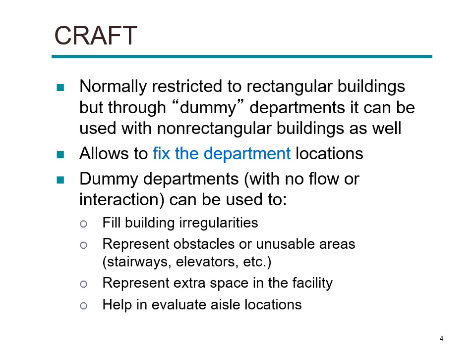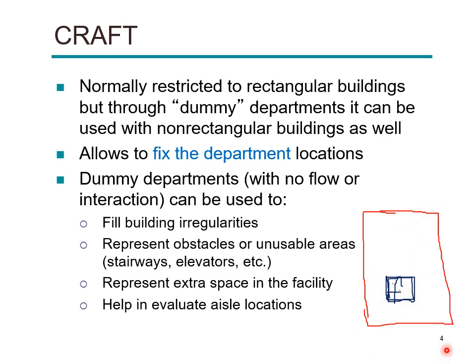For example, assume that you have such a rectangular shape for your layout, but there is an elevator already designed to be here. What you can do is define this area as a dummy department and fix its position, so that whenever CRAFT tries to make an exchange, it never touches this fixed department.